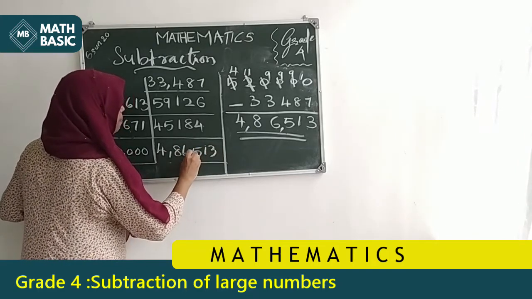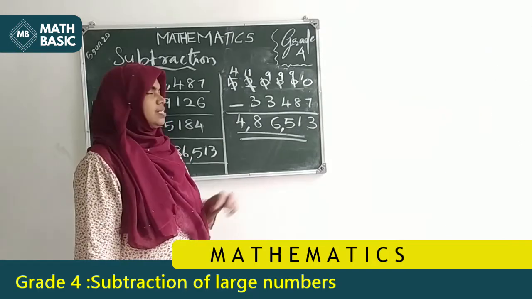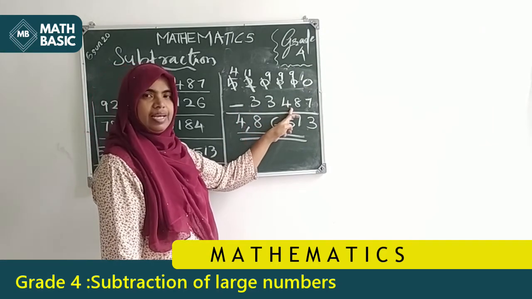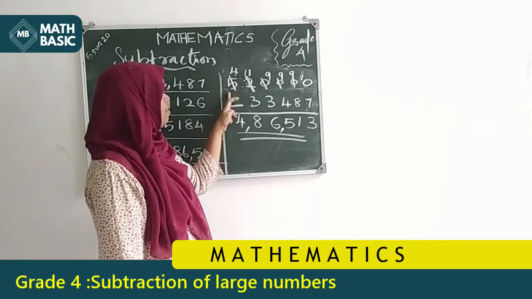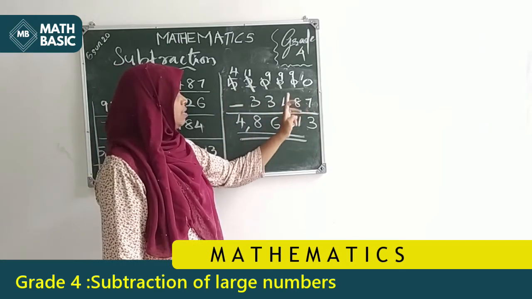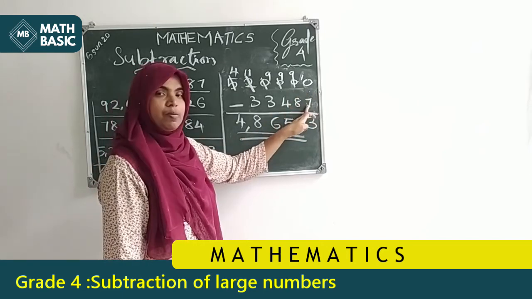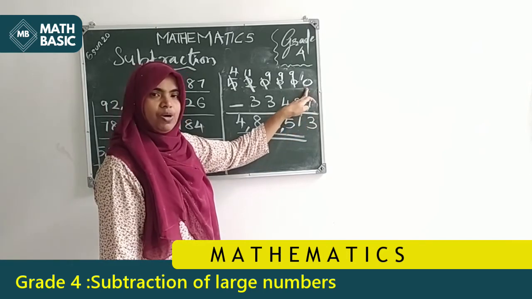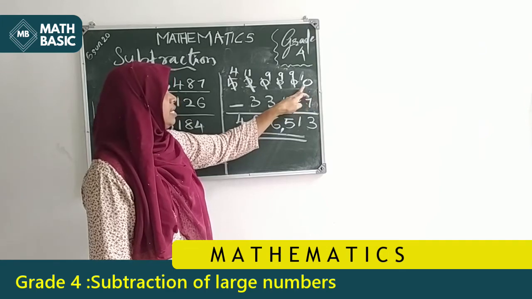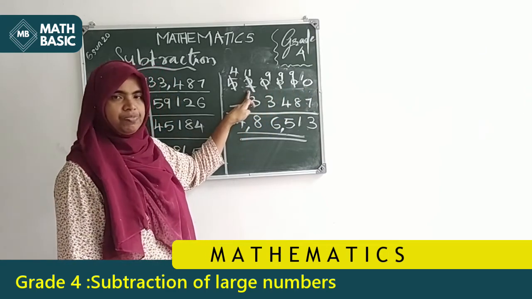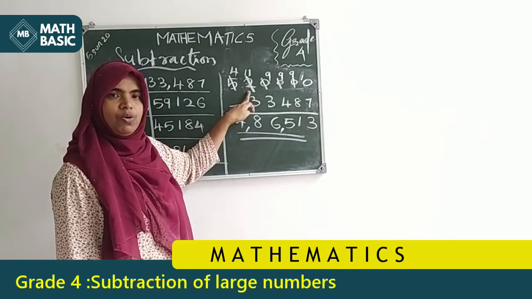Okay. See here, this is the number 33,487 subtracting from 5,20,000. See here, ones places are 7 and 0. We can't subtract 7 from 0 because this is the smaller number. See here, the next numbers 0, 0, 0. Here 2. So from this 2 we are borrowing 1.